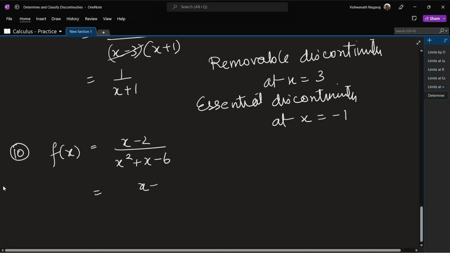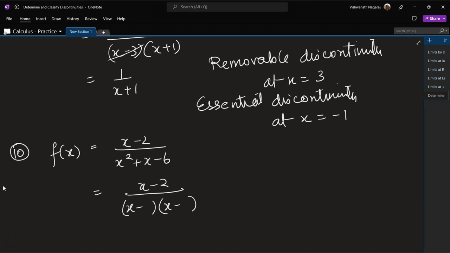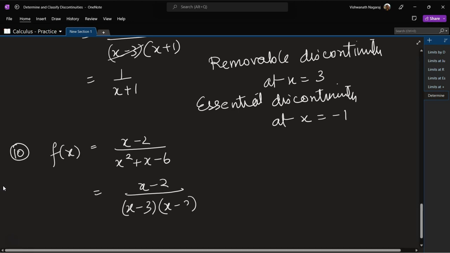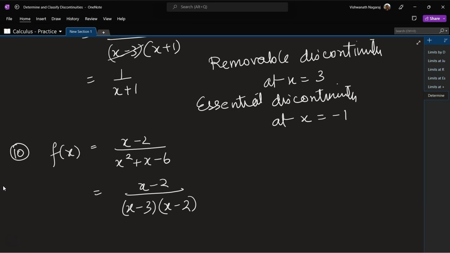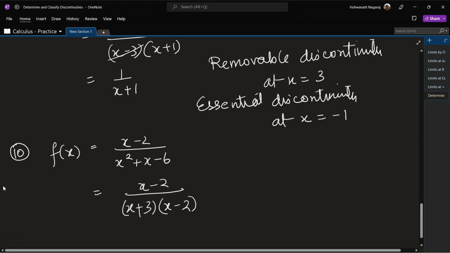So let's do it here itself, see whether we can factorize this. Let's say (x minus)(x minus). Now of 5 ones, no, 3 twos, yes. So 3 twos, this is plus, this is minus. So one of them has to be minus and the bigger one has to be plus.